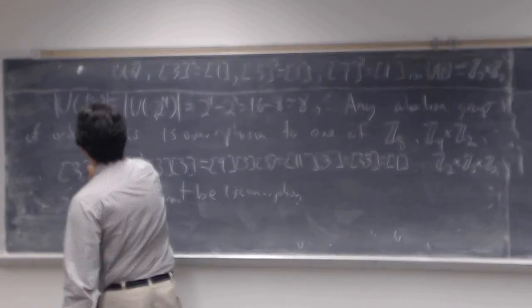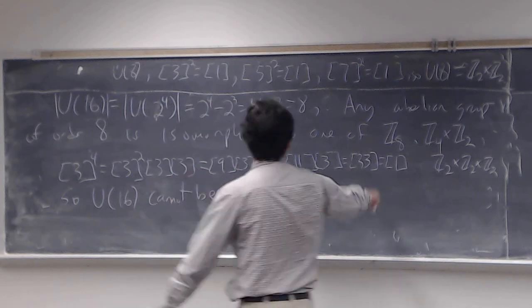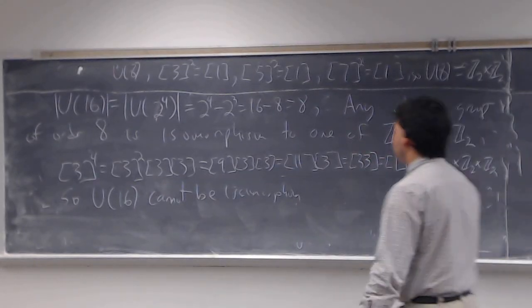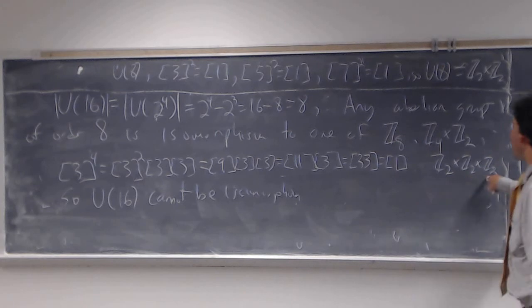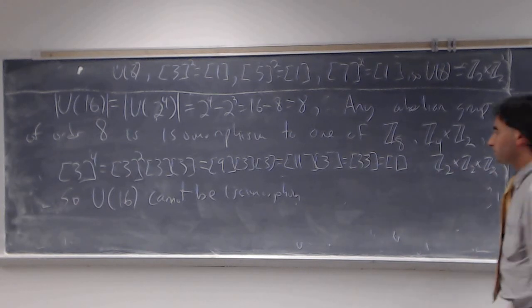Well, the 4th power is the first time 3 goes to the identity, so that element has order 4. But in this group, if you think about adding any 2 elements, every element is going to have order 2.